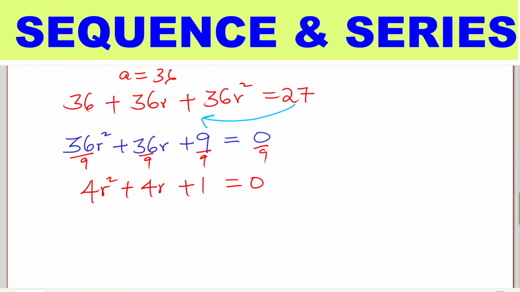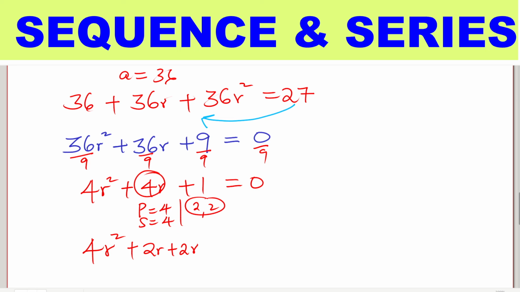So use any suitable method to solve this. Just use factorization. Look for 2 numbers whose product is 4 and sum is 4. These numbers are 2 and 2. So writing 4r using 2r plus 2r, that is 4r, we have 4r squared plus 2r plus 2r plus 1 is equal to 0.